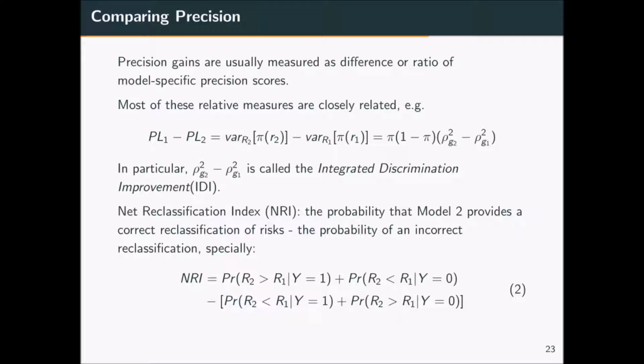In particular, this quantity is called the Integrated Discrimination Improvement, IDI, which is also a famous precision measure. Another famous measure is Net Reclassification Index, NRI. It is the probability that Model 2 provides a correct reclassification of risks minus the probability of an incorrect reclassification. NRI can be positive or negative.